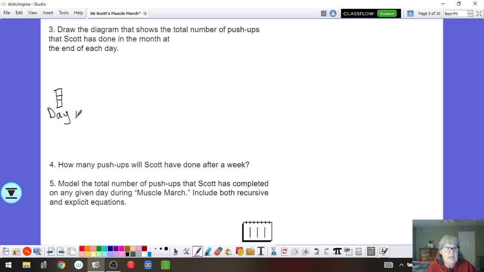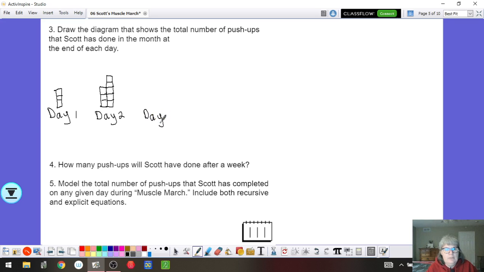That's how many he has done. Day 2, we take the 3 from the previous day and we add 2 more. So I should say we're adding on the 5 for that day.